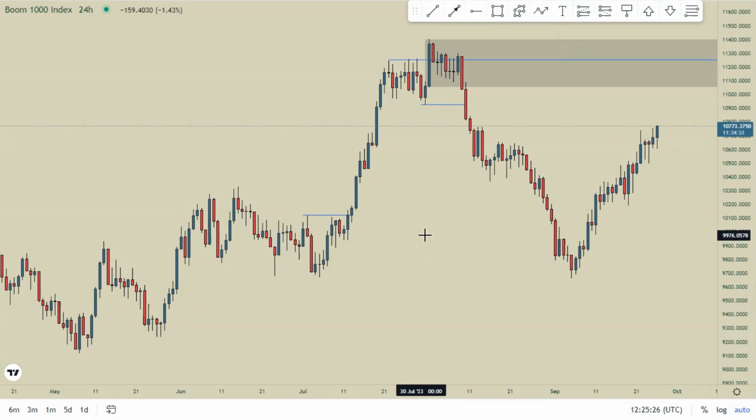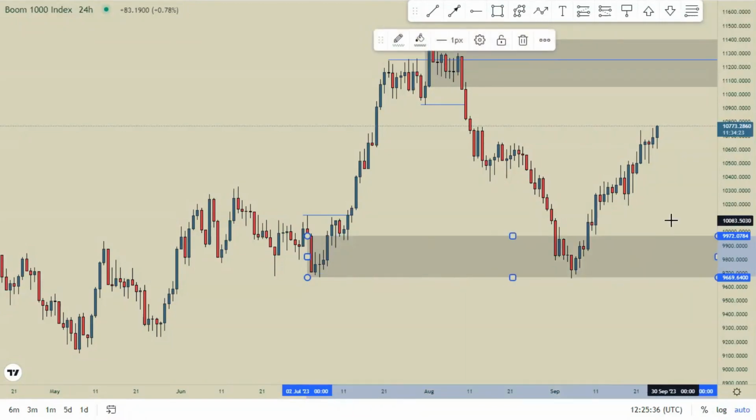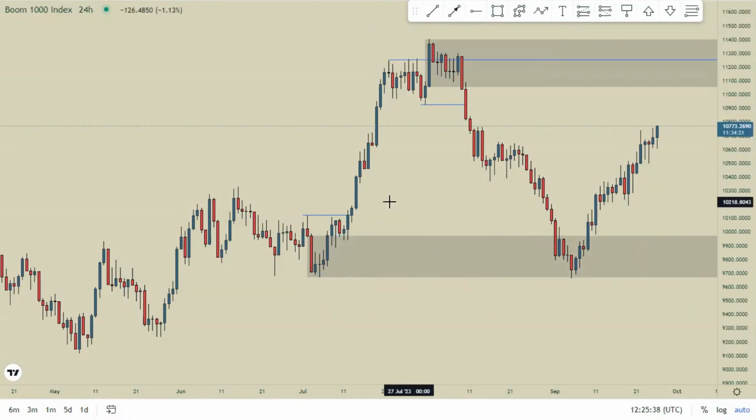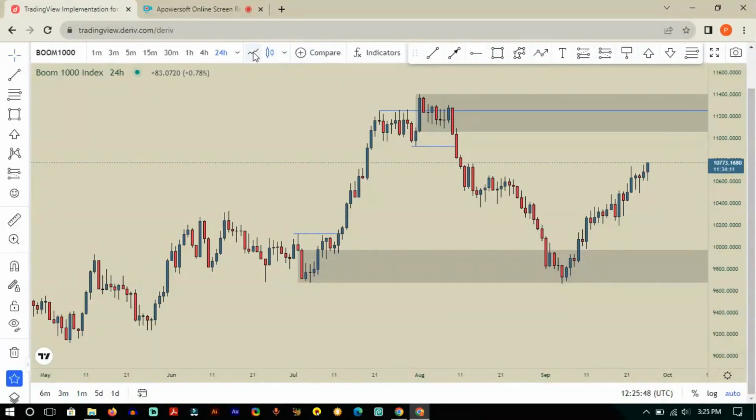Now what do we do? We can highlight this impulse run to the downward side before the bullish move. So in this zone, what else do we have? We can see that we have a level of resistance, so a level of support still within.